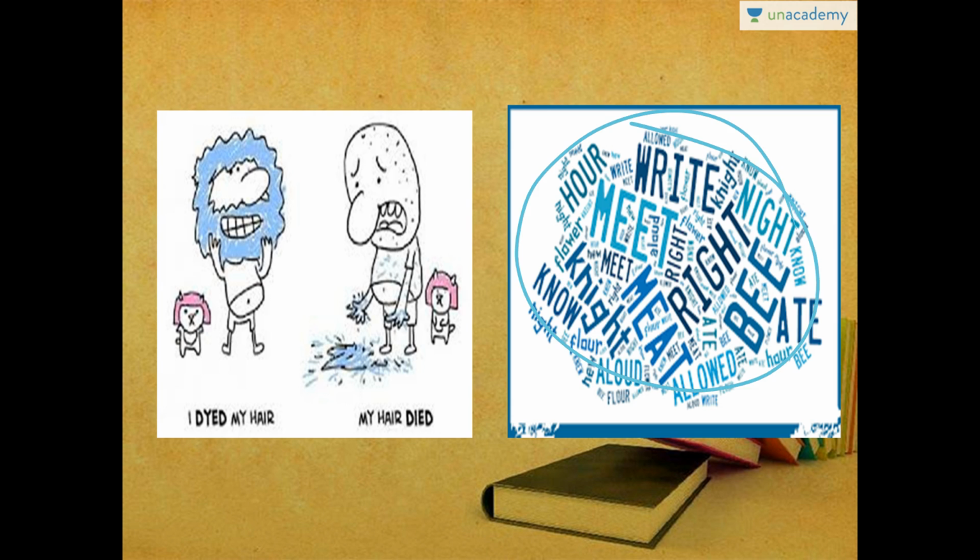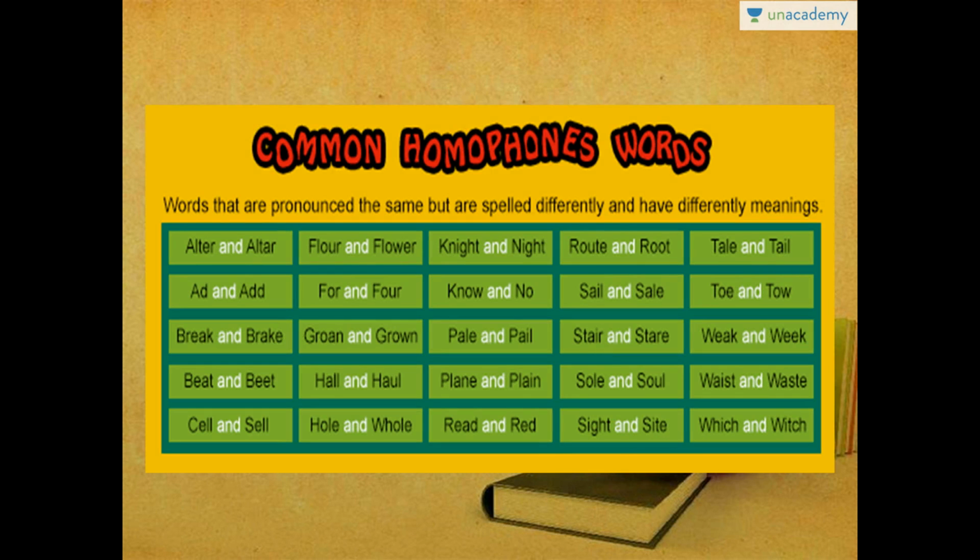Here we have right, write, meet, meat, night, knight, no, know, and a bunch of examples, but no need to put stress on your eyes here. We have more examples: altar, alter, add, adze, brake, break, beat, beet, cell, sell, floor, flaw, for, four, groan, grown, hole, whole, pal, pail, plain, plane, read, red, sight, site, soul, sole, steer, stare, sail, sale, root, route, tail, tale, toe, tow, weak, week, waist, waste, witch, which.